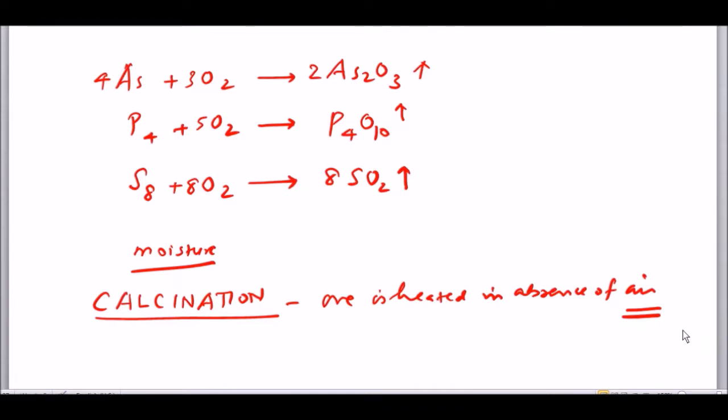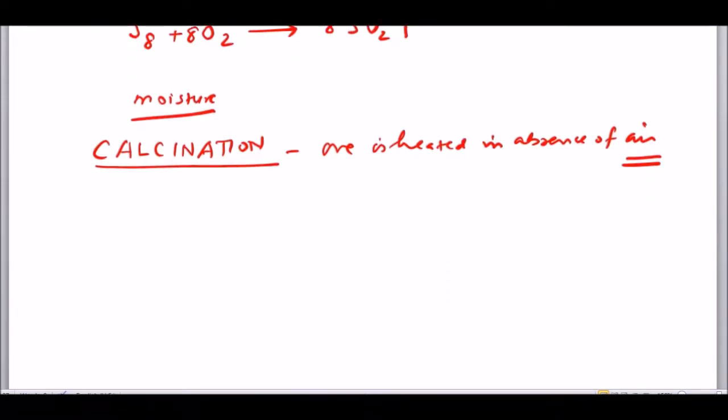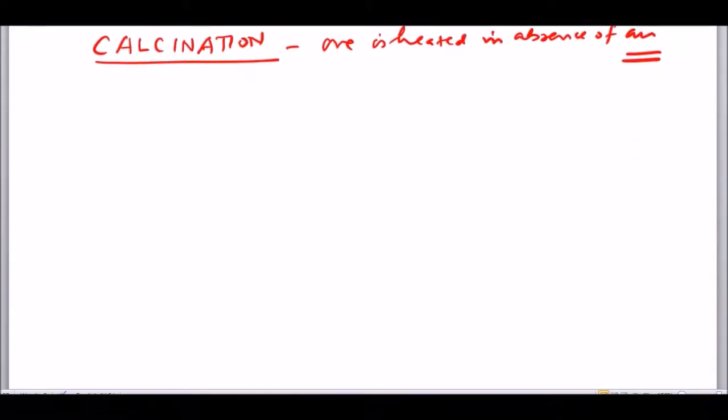Without the supply of oxygen or air, the ore is to be heated. So while heating the ore without oxygen, what is happening? These things are removed. What are all the things which can be removed?